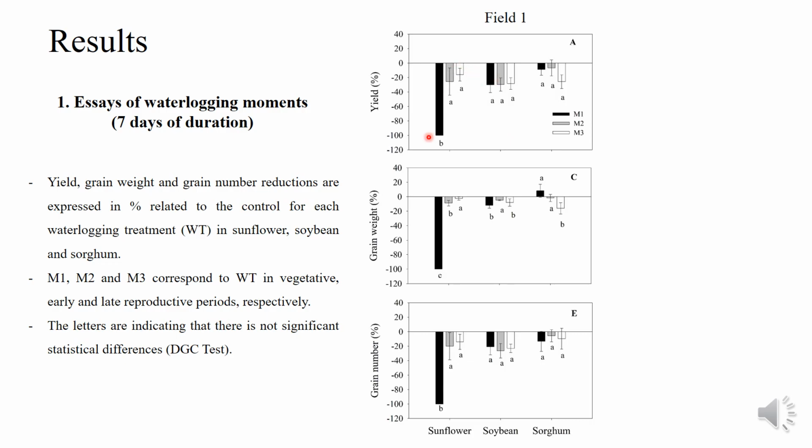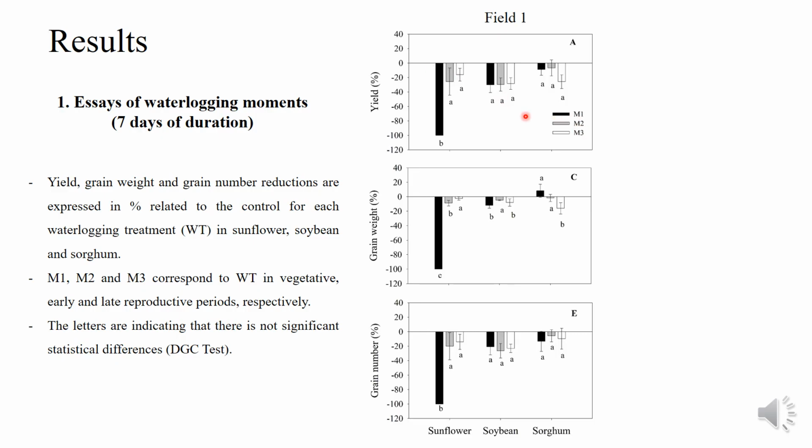Then we can see sunflower here, over here, and then we have these three columns that belong to soybean, and then we have these three columns that belong to sorghum. And well, we have the three moments that we evaluate in this experiment. So we have M1, which belongs to the waterlogging during the vegetative stage.